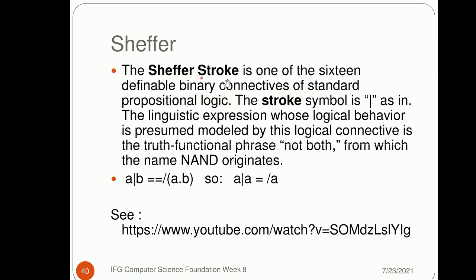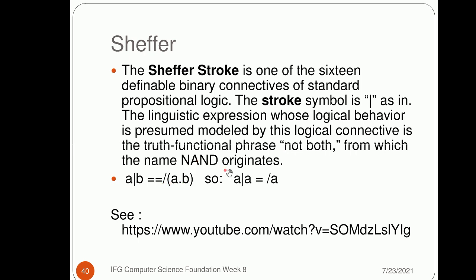The Sheffer stroke is represented by a vertical bar, and the linguistic expression whose logical behaviour is presumed modelled by the logical connective is the truth function or phrase "not both", from which the name "nand" originates. So A | B is equivalent to not (A and B).